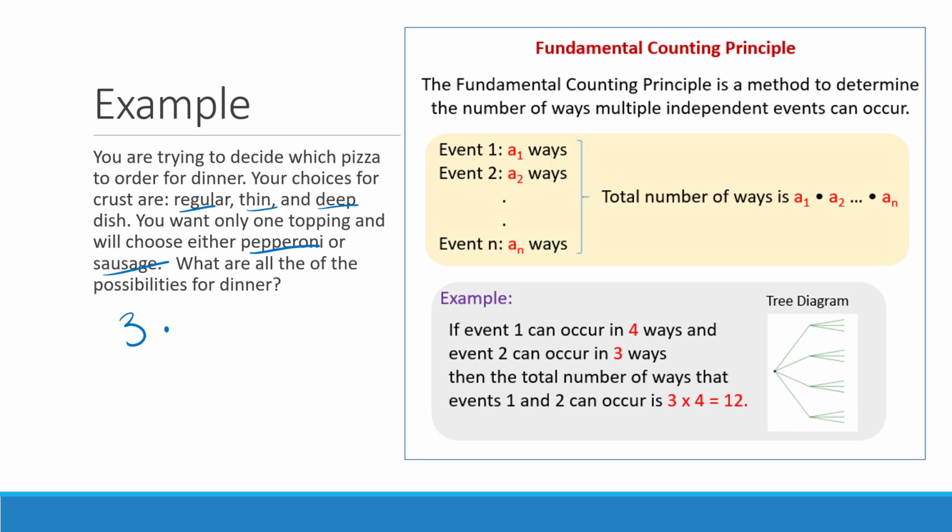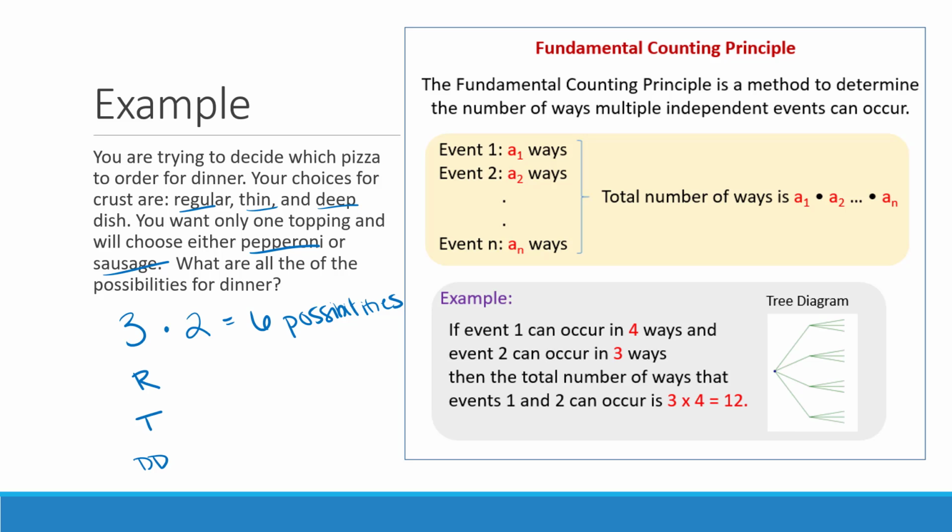So it says, what are all the possibilities for dinner? Now, you can first start off by saying the fundamental counting principle says that there are 3 times 2, or 6 total possibilities. If you wanted to list them out, which I would always suggest doing, I like to use a tree diagram. So we can start off by saying regular, thin, or deep dish.